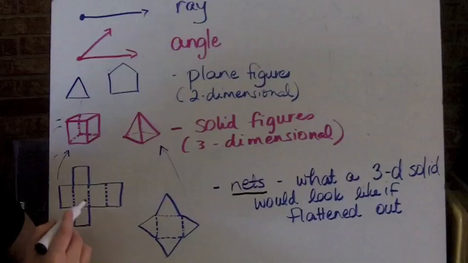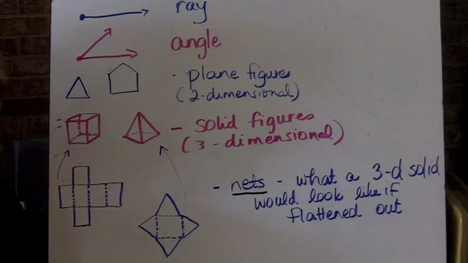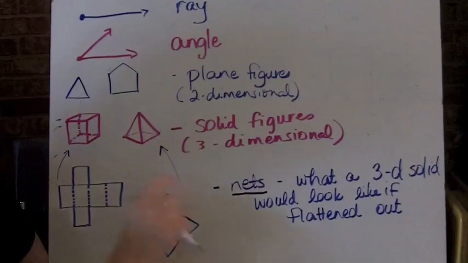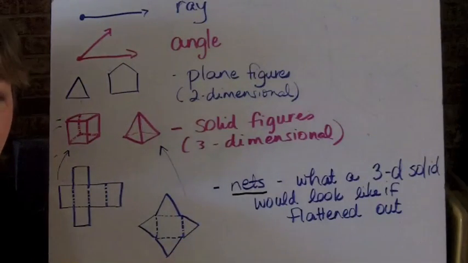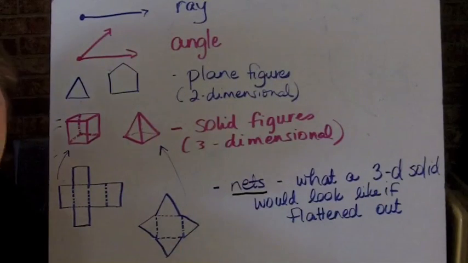And where the lines are not solid, those are folding lines. So you could bend that and fold it and make a three-dimensional figure. Same thing here with this solid figure. This is the net, what it would look like if we opened it up and flattened it out. That's what a net is.